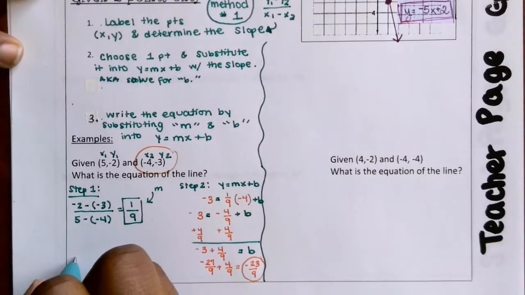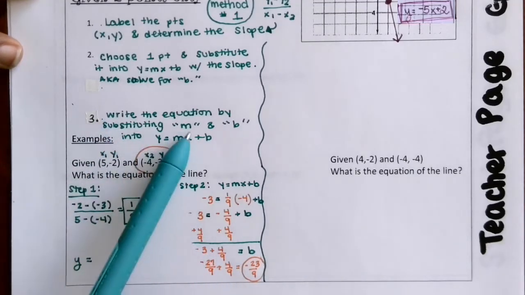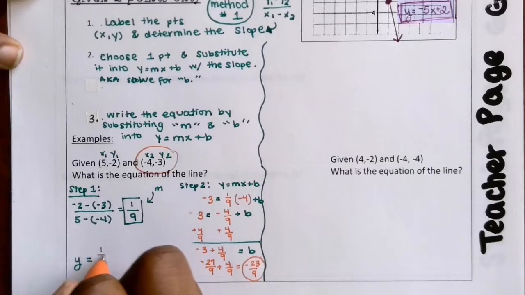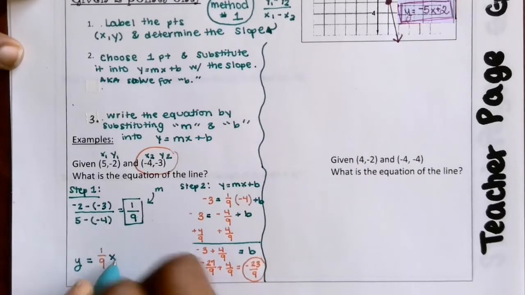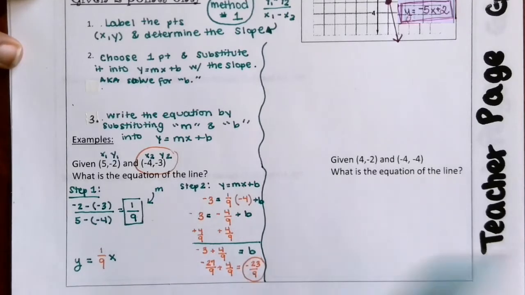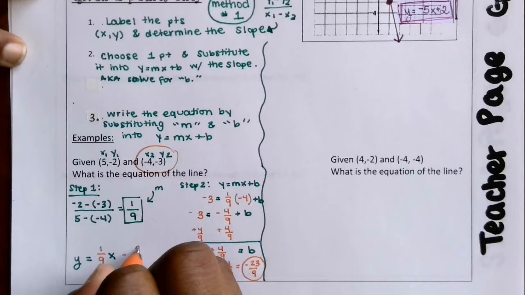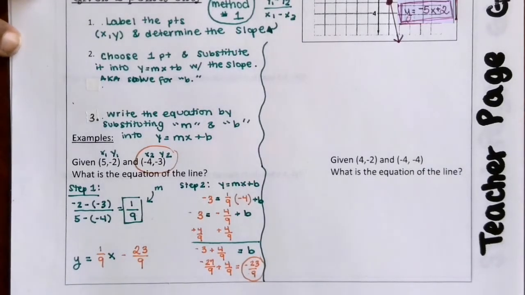To follow step 3, we must write the final equation by substituting the value of m and b into our slope-intercept form. So you'll see me rewrite our equation. y equals m, which is a value of 1/9, x, and then plus b, or in this case, minus 23/9, because the 23/9 is negative.